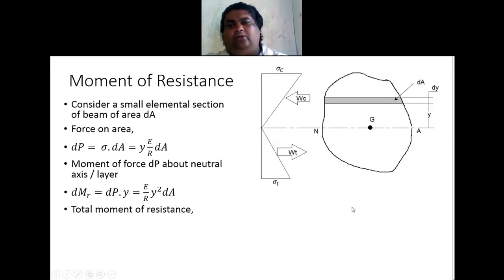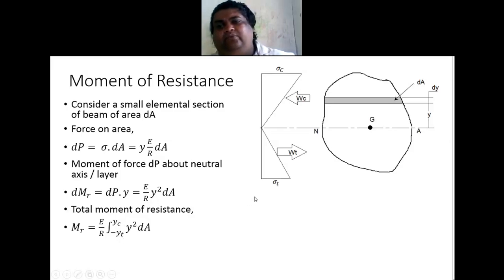Now to find the total moment of resistance for the entire area, I have to integrate this equation. E by R is constant, so that is taken out, and I integrate between the limits yc and minus yt. What is yc and yt? Yc is the distance of the farthest fiber on the upper side of the neutral axis, which is subjected to compressive stress.